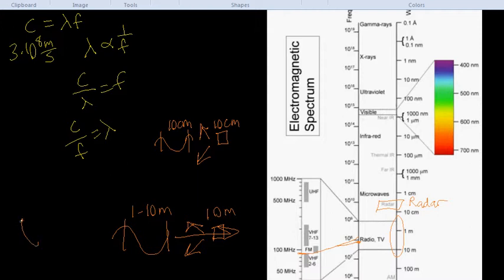Essentially, we have a transmitter or receiver on the ground, and we want to see an airplane in the sky, very quickly drawn airplane. This is a very, very good wavelength to send a beam of light, essentially, or electromagnetic wave, and have it bounce back so we can detect the airplane.